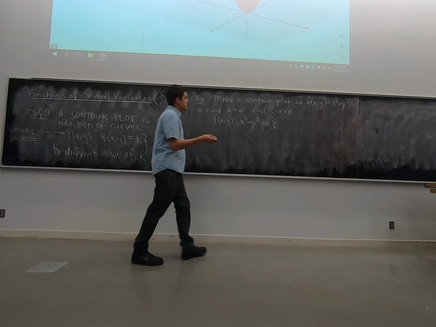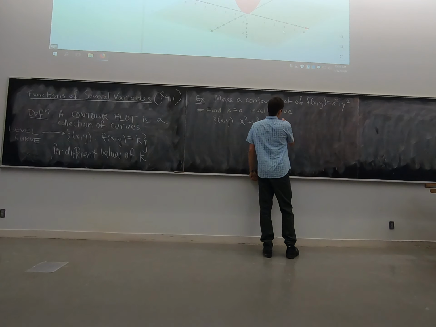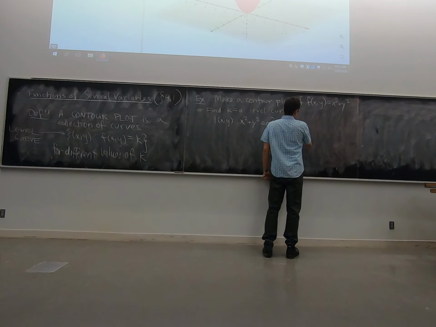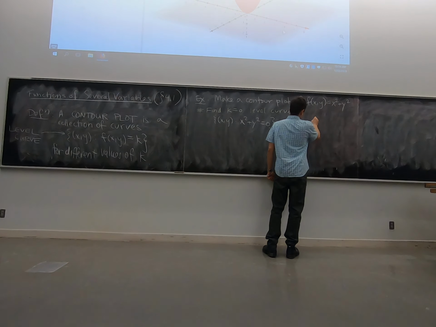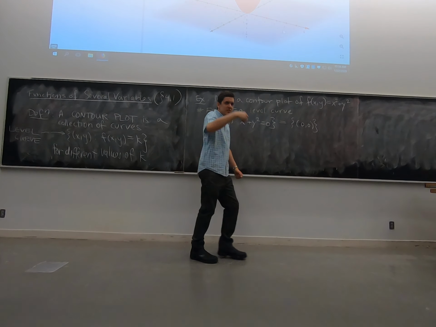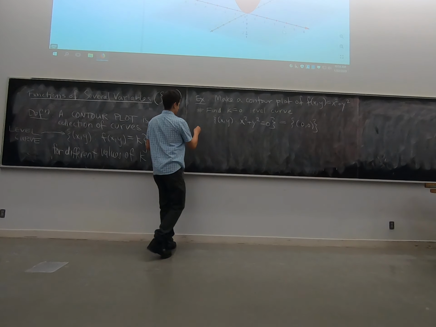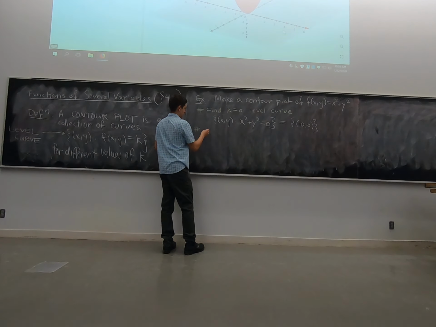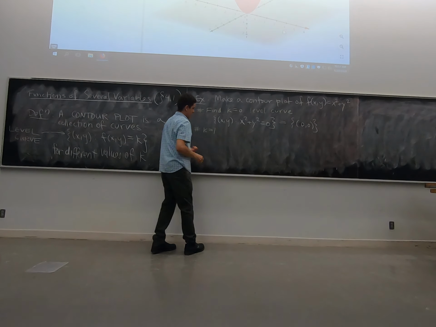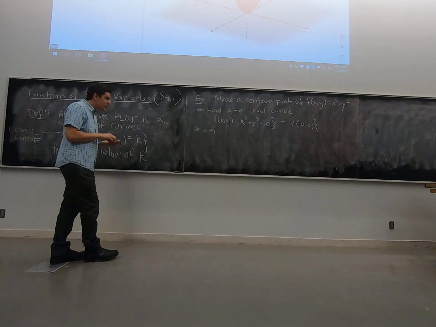There's only one number that does this. Okay, so there's just a single point. Okay, so now we'll make a k equals 1 level curve.